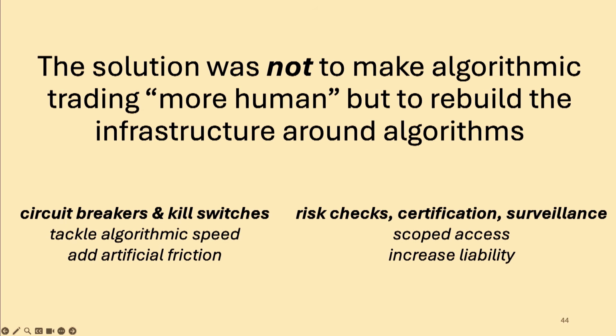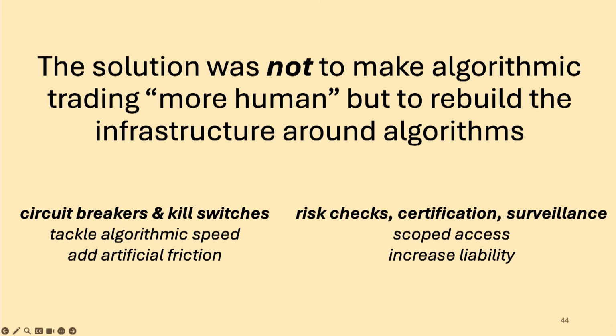This also increased liability on the companies deploying these algorithmic traders. And so we built up this infrastructure around algorithms to put back in place some of the mechanisms that made the human world safer before it.